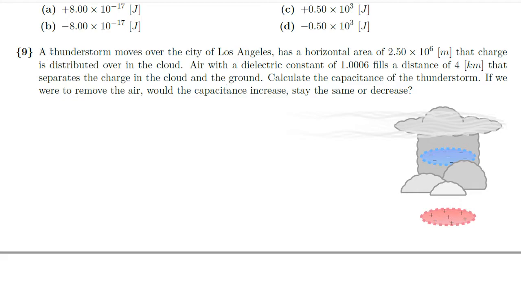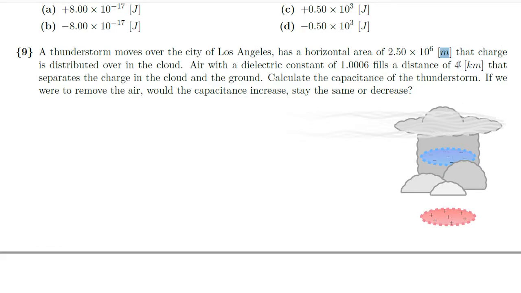A thunderstorm moves over the city of Los Angeles, has a horizontal area of 2.5 times 10 to the 6. Now, forgive the units, that should be meters squared because we are talking about an area, so it is square meters. Make that correction.